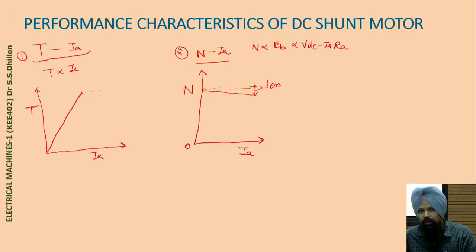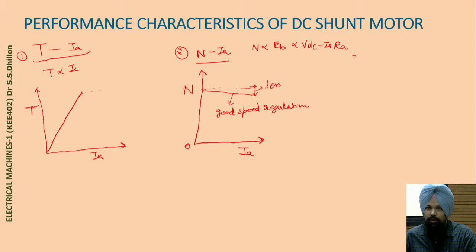That's why this speed is regained near to the ideal speed, this motor has good speed regulation, and it can be used for constant speed applications. And the third one is a generalized way of representing the speed versus torque curve.